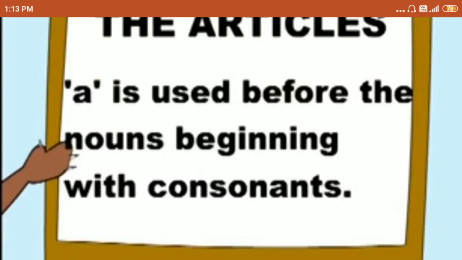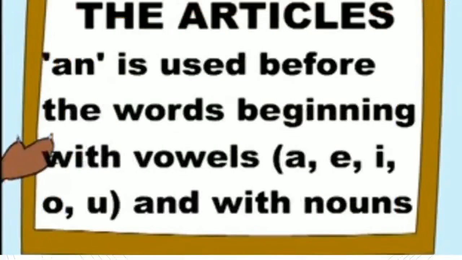Now, in the articles a, an, and the, an is used before words beginning with the vowels a, e, i, o, u, and with nouns. That means when we use words such as action, ox, umbrella, idiot, egg.